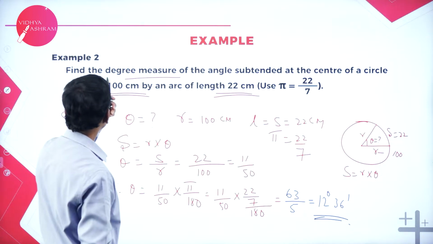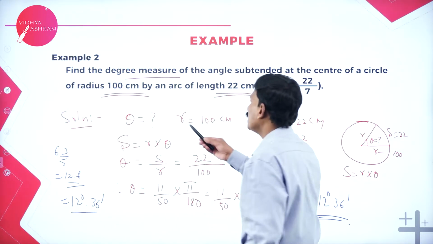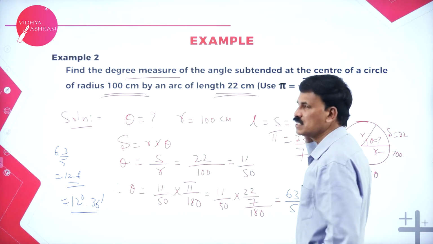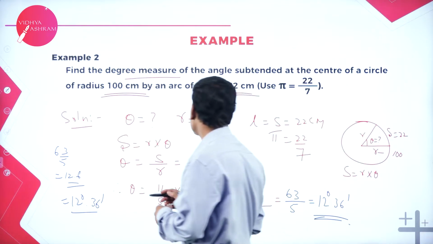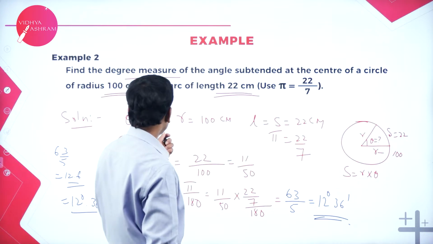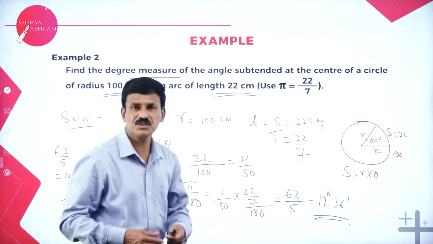Find the degree measure of the angle subtended at the center of a circle of radius 100 centimeters by an arc length of 22 centimeters. Here, what is given? Arc length S is 22 centimeters, and radius is 100 centimeters. What is required is theta.